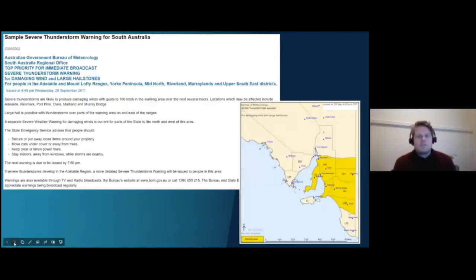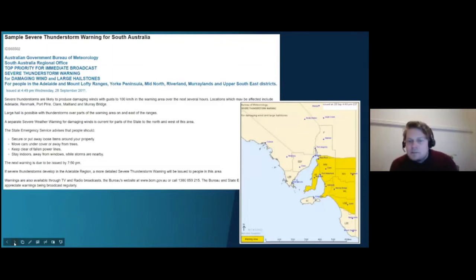So what a severe thunderstorm warning looks like is, this is what we call a regional severe thunderstorm warning. There's an example from South Australia here, and that yellow area highlights the area of severe thunderstorms, and then the text provides you with more information.